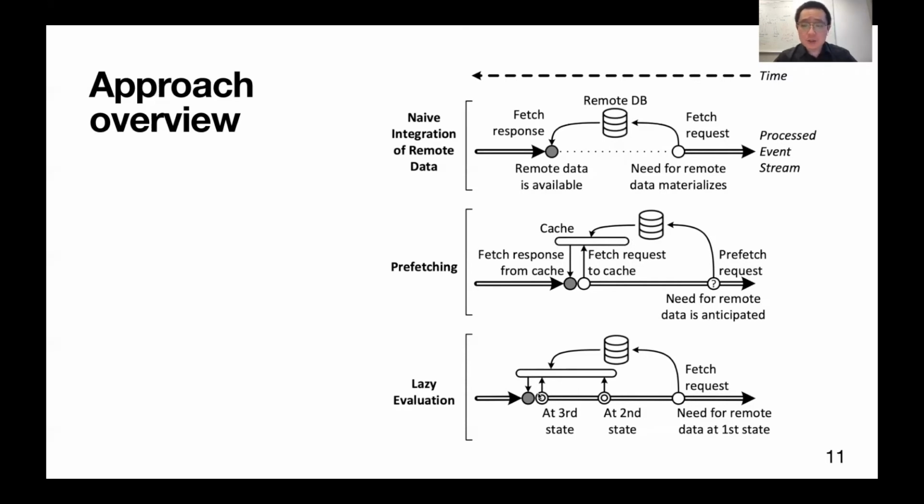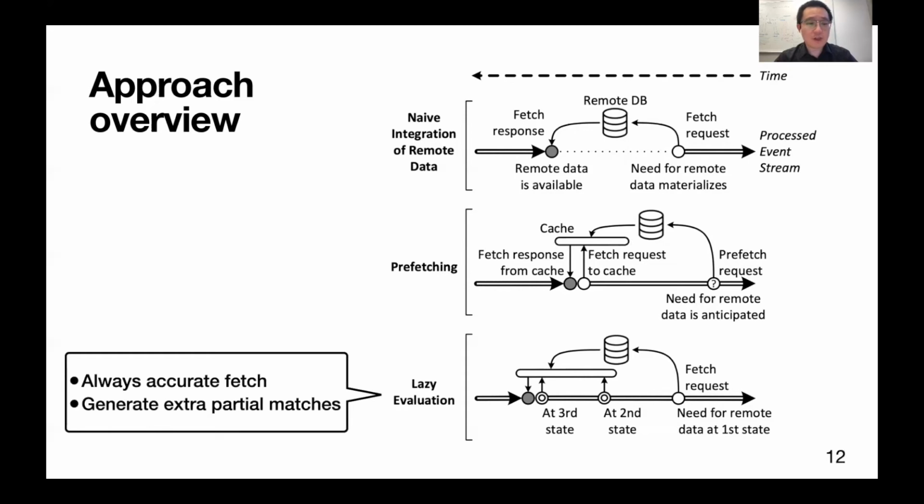Therefore, the fetch operation and stream processing can run in parallel. So the advantage of lazy evaluation is that the fetch operation is always accurate. However, it will generate extra partial matches because we are relaxing the value predicates, and the extra partial matches will increase the pattern evaluation latency. So there is a trade-off here.